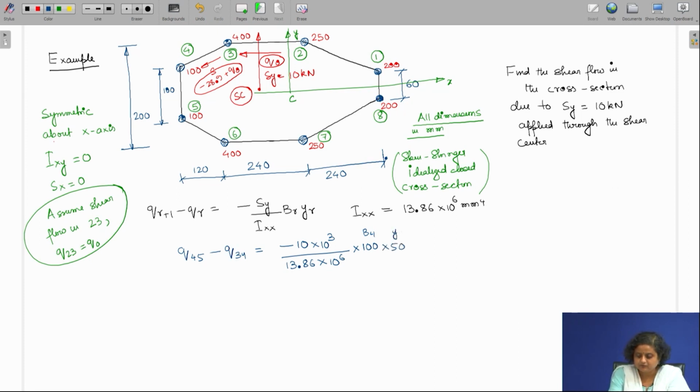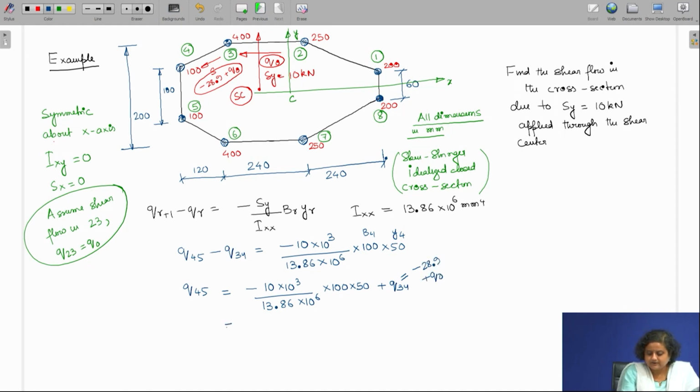So this is Y4. Now if I calculate this, we have Q45 is going to be minus 10 into 100 into 50 plus Q34. Now Q34 is minus 28.9 plus Q0.